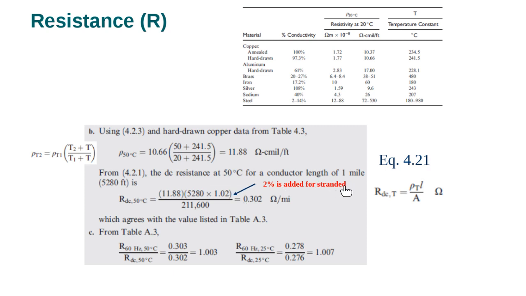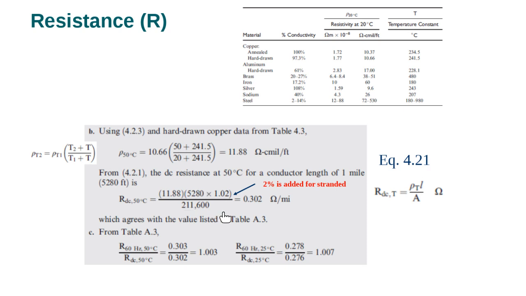Added, not for stranded. You need to change this to spiraling, I mean spiraling, not stranded. So we added 2%. How do we know? It's given. So the length increased, and the length is given here, 5280, times 11.88, which is the resistivity.